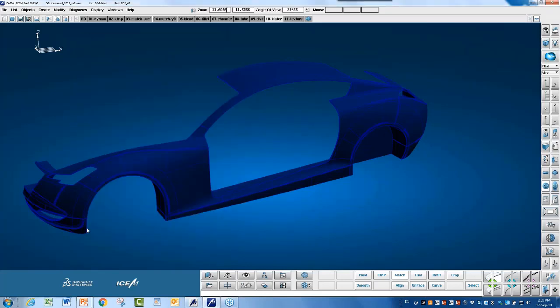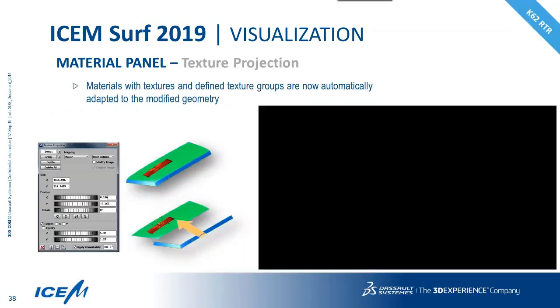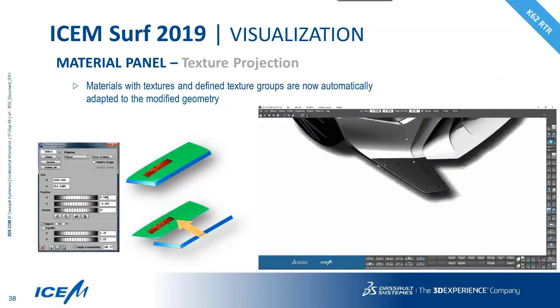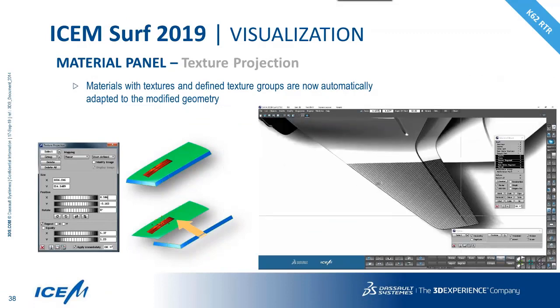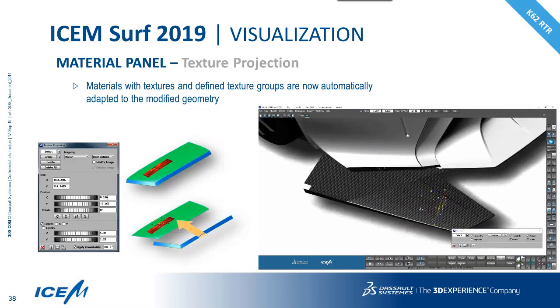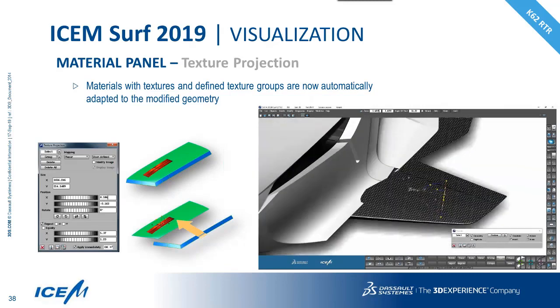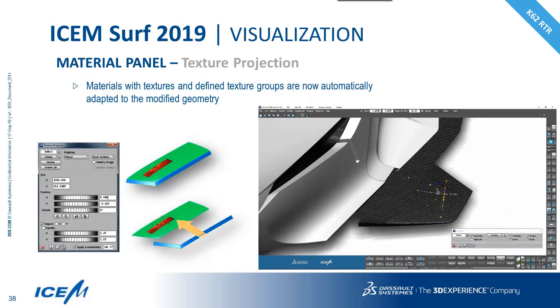Okay, let's go back to the PowerPoint. Now this one, there's a movie running. This is a nice enhancement. If you projected textures onto your surfaces in the materials, sometimes when you moved them, you got some strange effects. Essentially, the projection stayed put and the surfaces kind of moved underneath it.